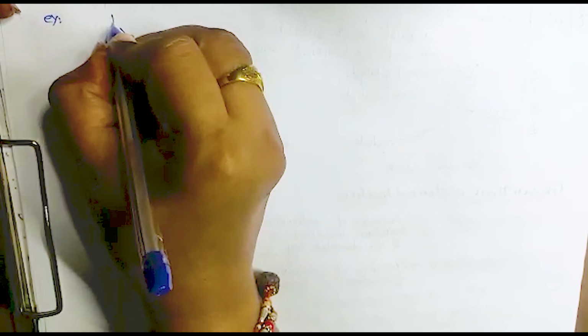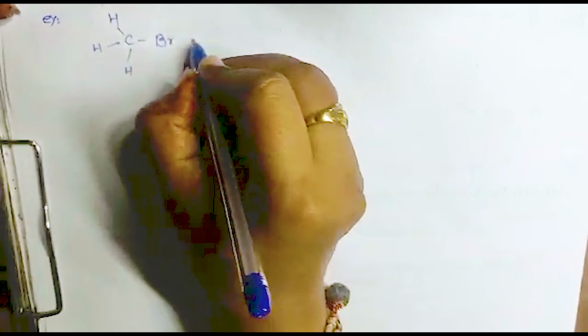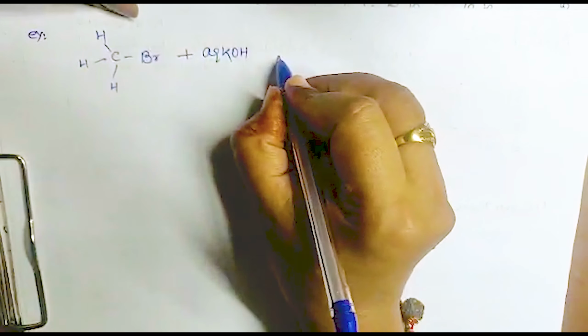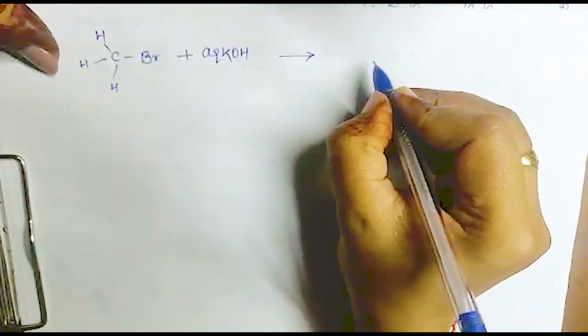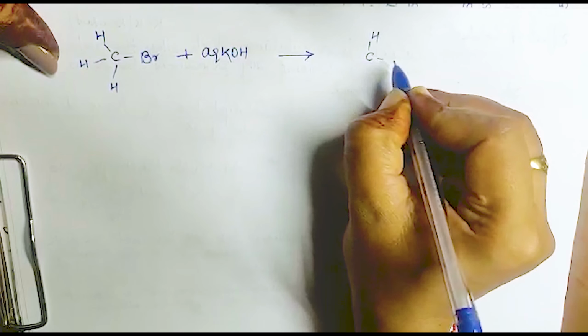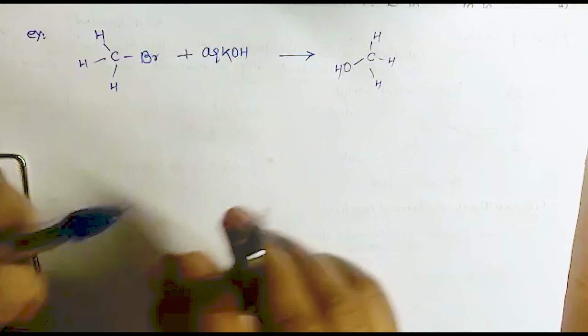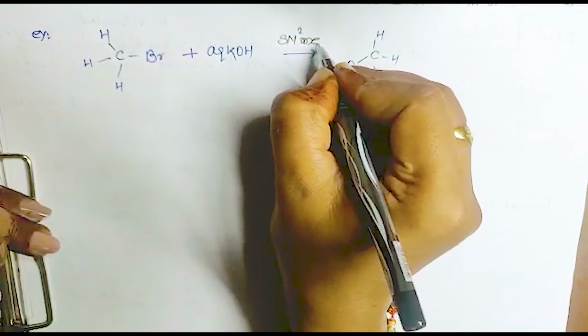Let me take an example, with aqueous KOH reacting. We saw that it was going from the back side, and it was forming a product with H, H, and here it was OH. So it was showing the SN2 mechanism we have done.